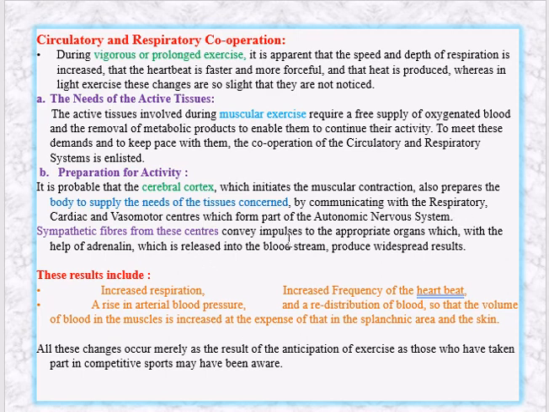Sympathetic fibers from these centers convey impulses to the appropriate organs, which, with the help of adrenaline released into the bloodstream, produce widespread results. Basically, it is all possible with the communication of the cerebral cortex with the other centers like the respiratory, cardiac, and vasomotor centers.